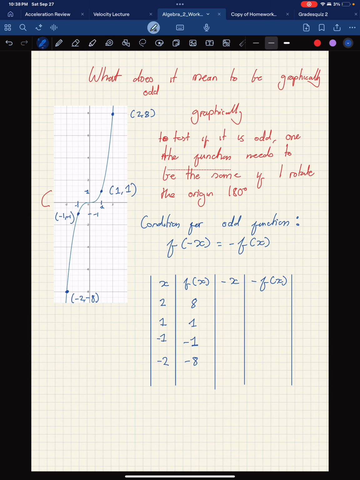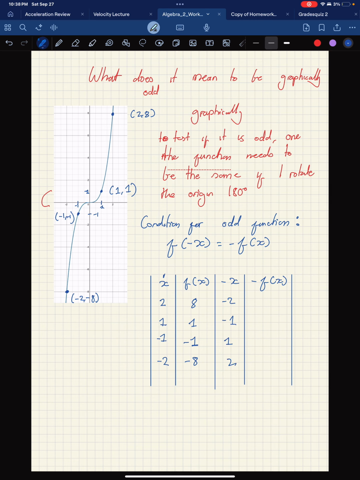All right. So now let's see what happens when we make our x's negative, or we multiply our x's by -1. So we get -2, -1. I'm multiplying these by -1, so then we get 1, then we get 2.